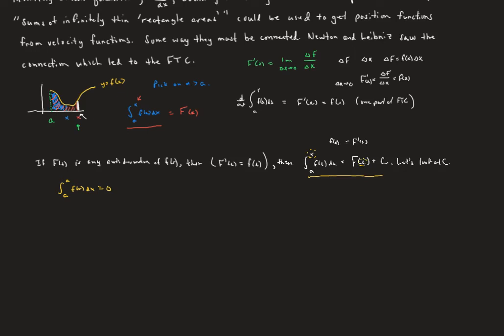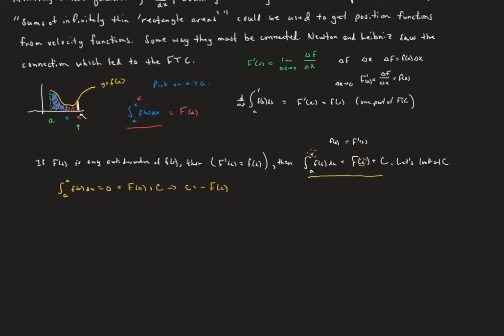So the integral from a to a of f of x equals 0 means that's also capital F of a plus c. Well, from there we can solve for c and see that it must be a negative capital F of a.